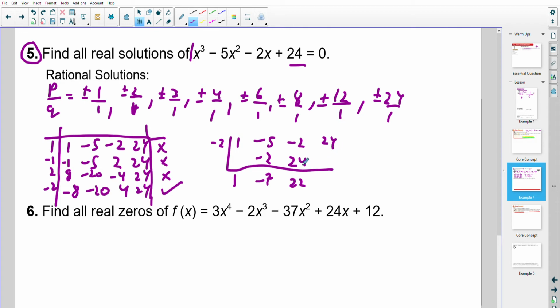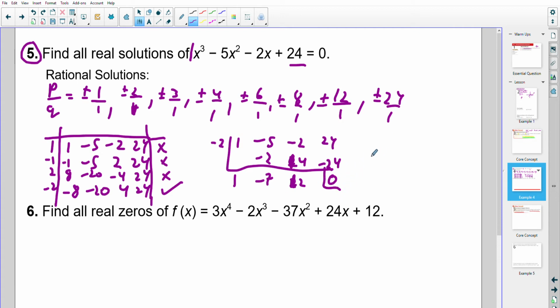Multiply and add, and let's see, where did I make a mistake? -2. Whoops, there's my mistake right there. This is +14, so this is 12, and then this is -24. Hopefully you caught that before I did. If so, that'd be a good sign.